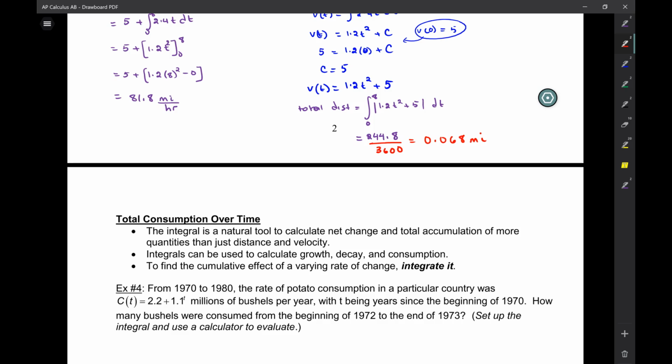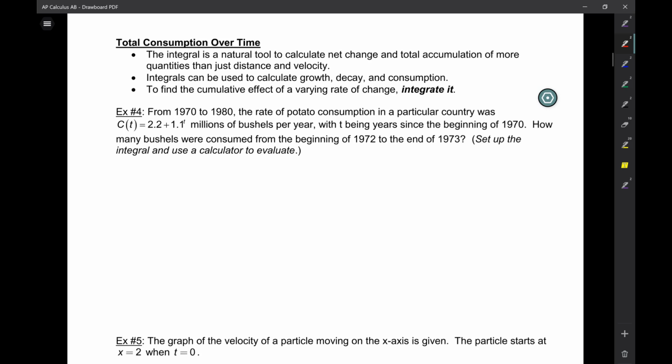They'll keep those the same. They could, because you could convert between miles and feet. 5,280 feet per mile. So technically, yes, they could be. There is not a rule that they all have to be in a certain unit.